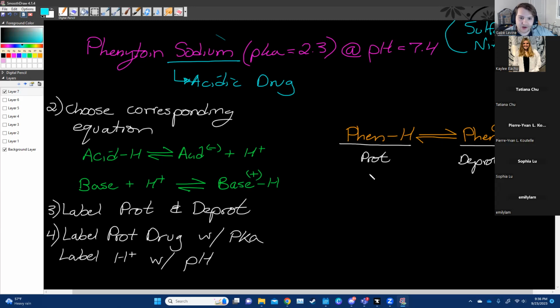So for our drug, we would put pKa over on the left-hand side, and we would put pH over on the right-hand side.